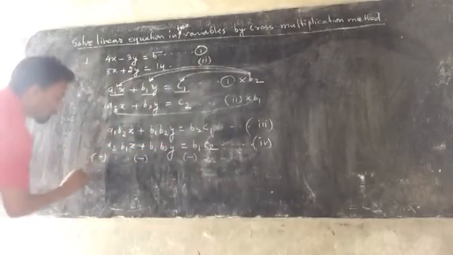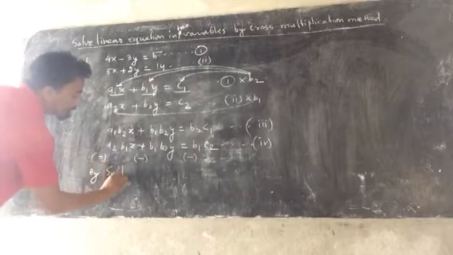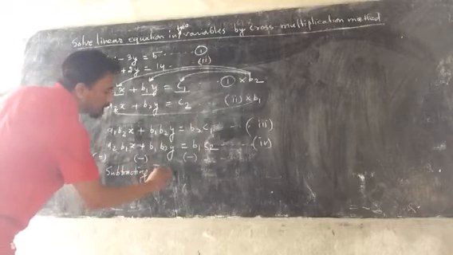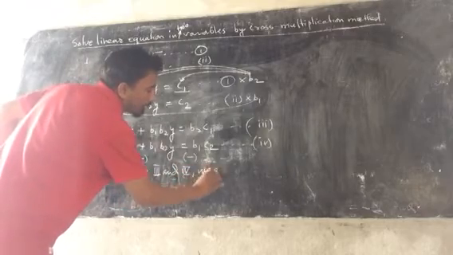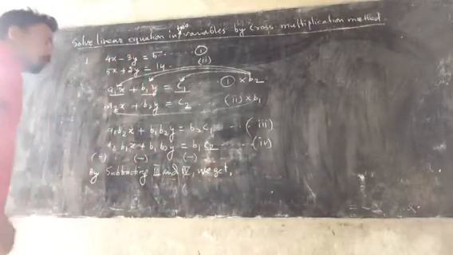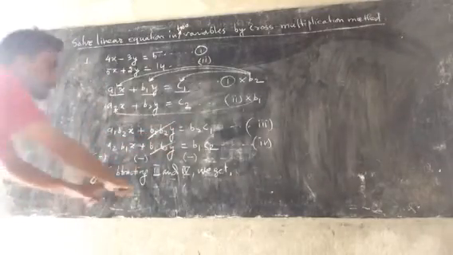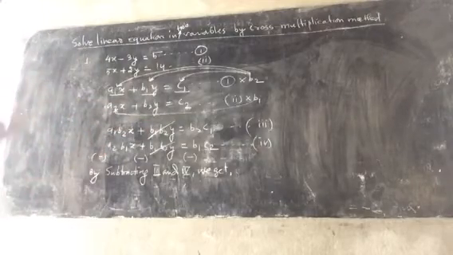Yes, understood, sir. Now you can write by subtracting third and fourth, we get. Okay? By subtracting, these two can be cancelled or not? No need to subtract here. Okay, directly I am subtracting here only, so that it will be solved.